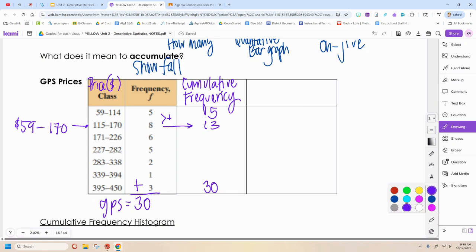Okay, so then essentially this next interval is from $59 all the way up to $226. So we're just going to do that for these first two, just so we understand. And then how many GPSs are there? Well, it's 5 plus the 8 plus the 6. So we got to add that one on. And now we're up to 19.